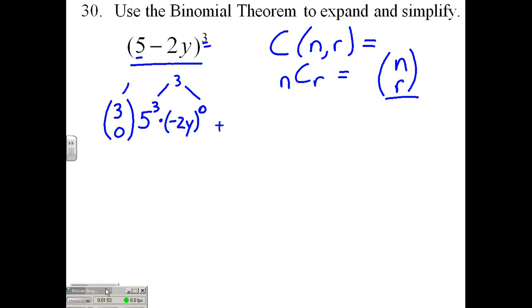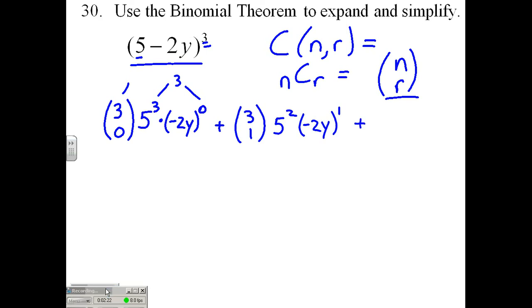Second term becomes C3, 1. And then we reduce our 5's, 5 to the second, as we increase our negative 2y's. Negative 2y to the first. And we continue on that.